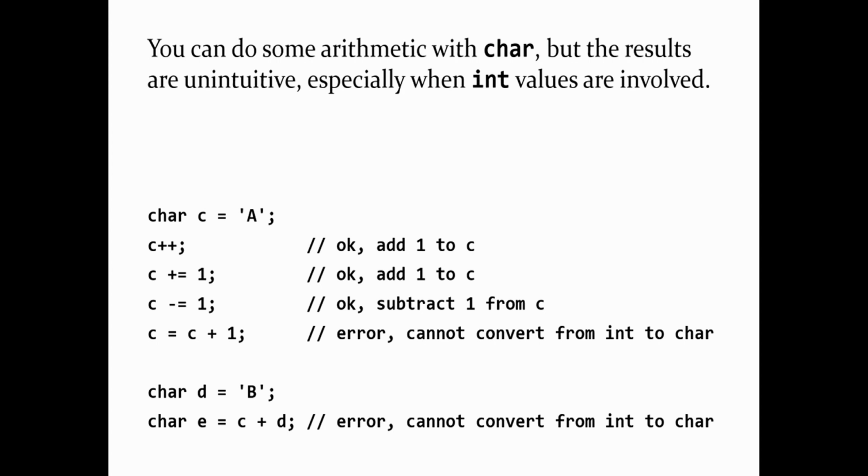The first thing it does is check whether c + 1 actually makes sense. In this case, c is a char and 1 is an int. So maybe you can add a char to an int, or an int to a char. Maybe. In this case, it turns out you cannot.